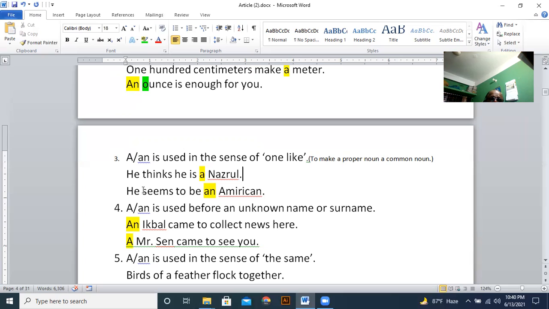Then the next sentence: he seems to be an American. Here, American starts with a vowel, so an. This depends on vowel or consonant.